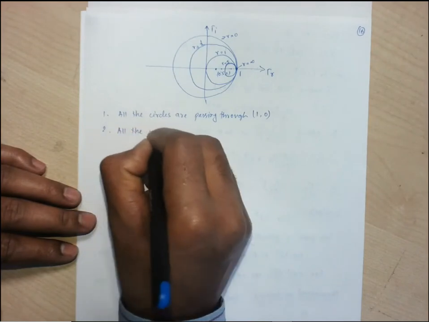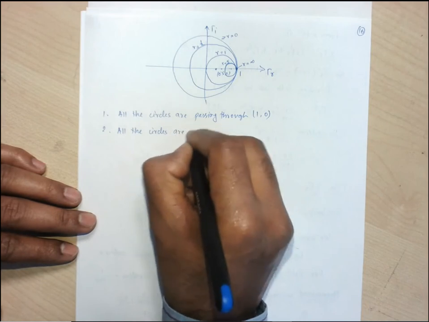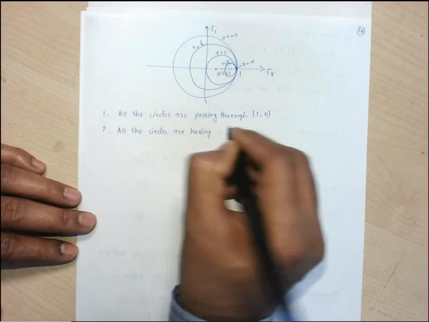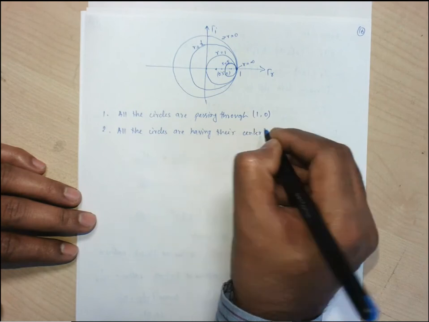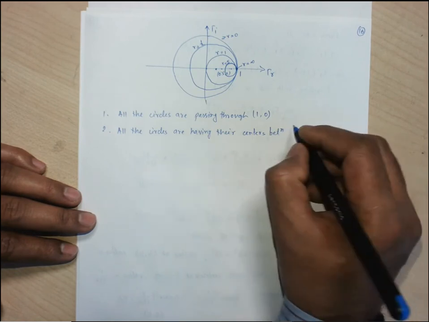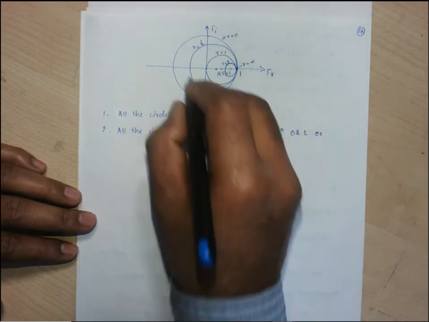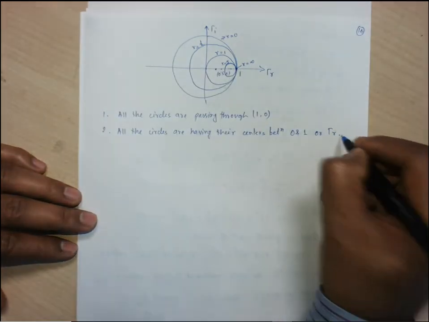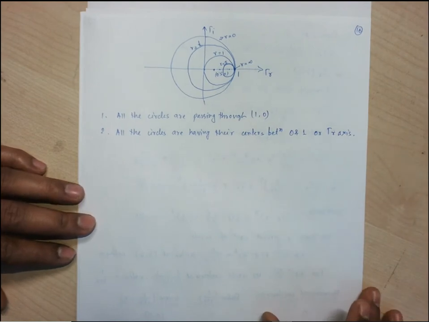All the circles have their centers between 0 and 1, on which axis? On the gamma r axis.